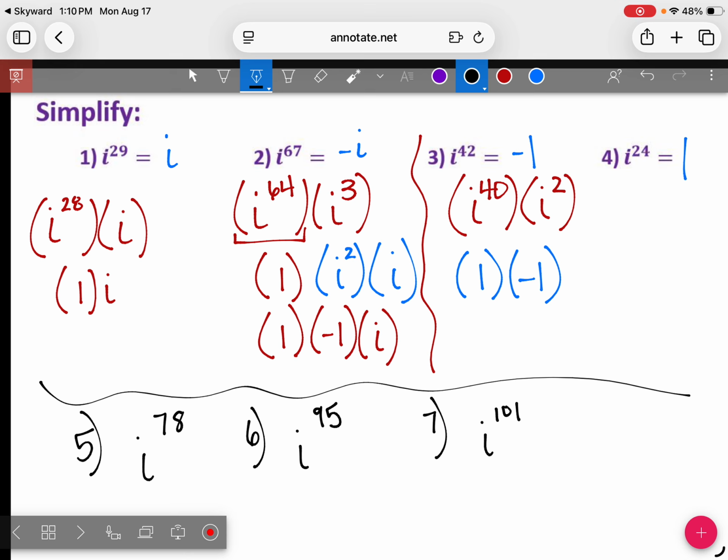And I didn't pick any numbers that are on the board. So it's either going to be positive i, negative i, or negative 1.